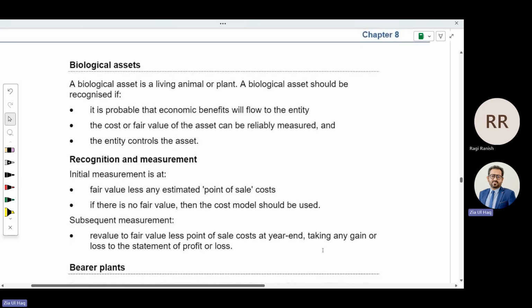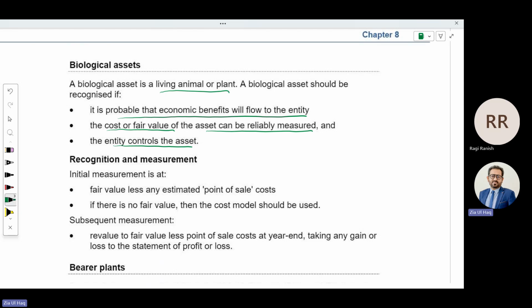Biological assets. What are biological assets? Biological assets are living animals and plants. A biological asset should be recognized if it is probable that economic benefit will flow to the entity, the cost or fair value of the asset can be reliably measured, and the entity controls the asset.